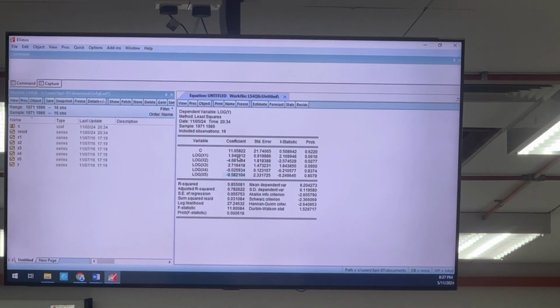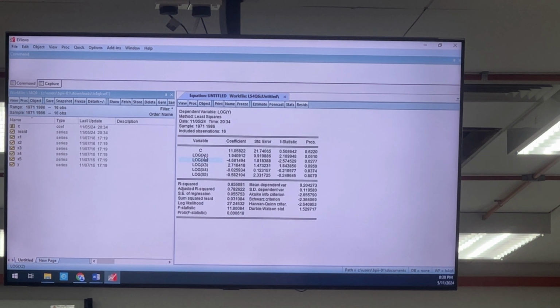If you regress log x1 against the rest, you get an R square, and you can calculate the VIF. Then you regress log x2 against the other x, and you get another R square and VIF. You can do the same one by one.